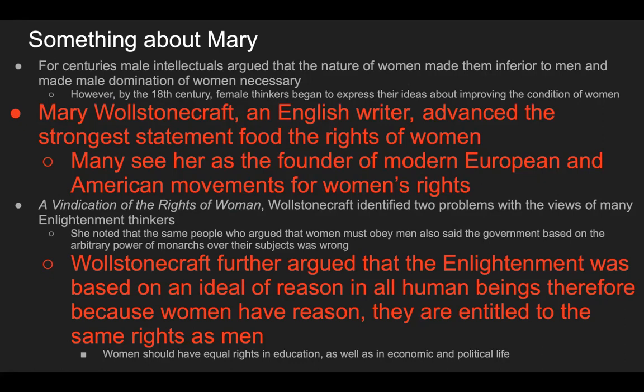But if you're going to read it for what it's worth, philosophers believe that all human beings have the power of reason. All human beings also include women. So more power to you, Mary. So according to her, women should have equal rights in education as well as in economic and political life.